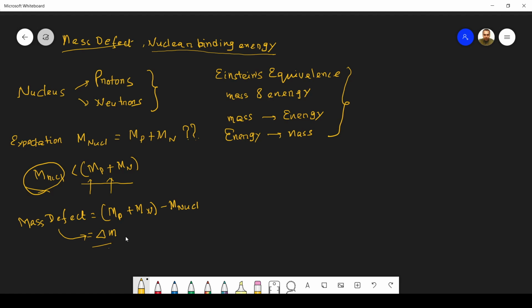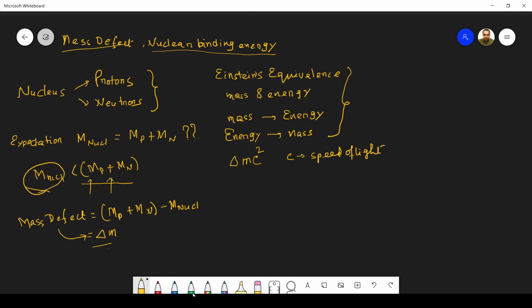So if the mass defect is delta m, what will be the energy equivalence of this delta m? In order to calculate the energy equivalence of this mass difference, we have to multiply delta m by c square, where c is the speed of light.